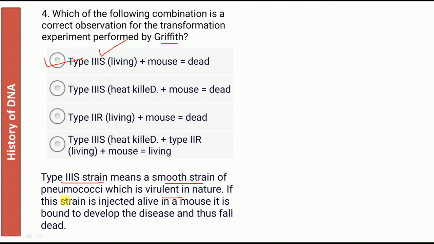If this virulent strain is injected alive into a mouse, it is bound to develop the disease and thus fall dead. The rest of the options are not correct. Here it is heat killed, so it will not be virulent. Next, R type is not virulent. Then again the heat killed is there. So this one is the correct option.